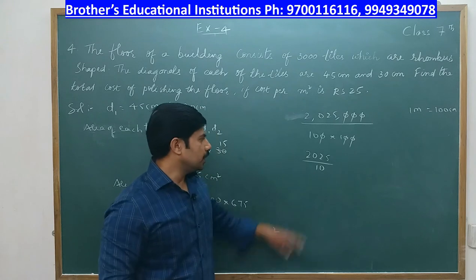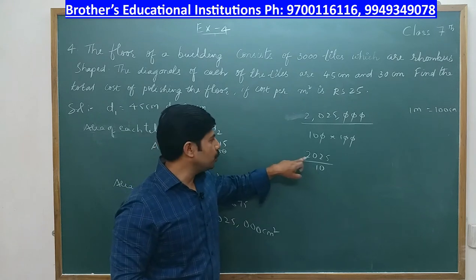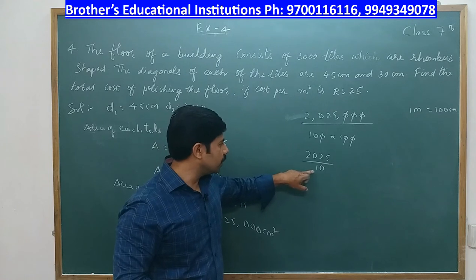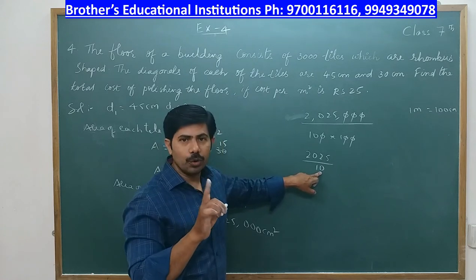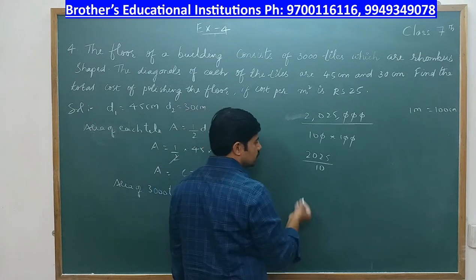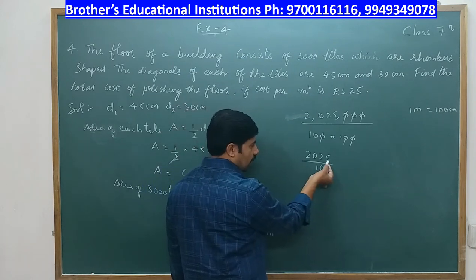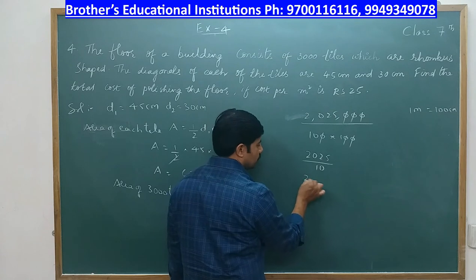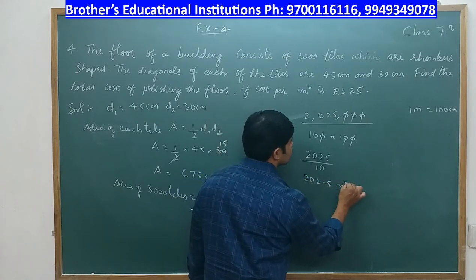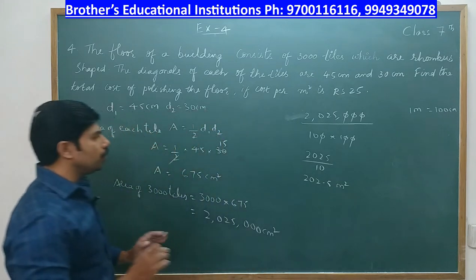In the denominator we have 10, so just shift the decimal one place to the left of this 5, that is 202.5 meter square. So we converted into meter square.